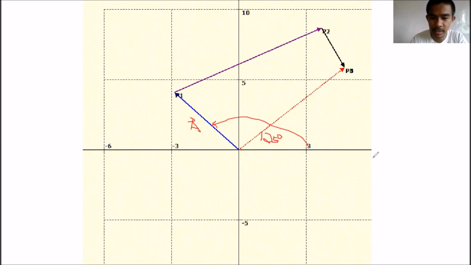This is the positive x-axis. And then the next given is vector B, whose magnitude is 8 Newton and it's 35 degrees from positive x-axis. So if this is the axis that is parallel to the positive x-axis, that is 35 degrees counterclockwise direction from positive x-axis, and this is vector B.